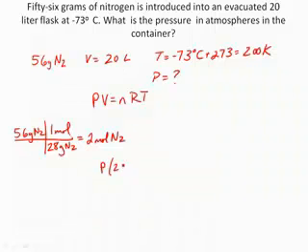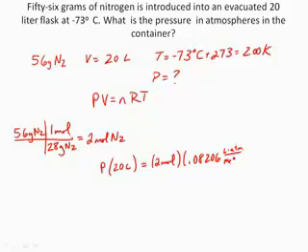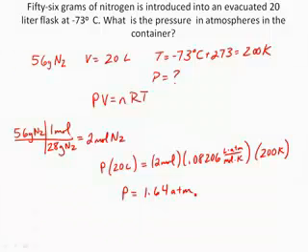Pressure times 20 liters is 2 moles times 0.08206, in liter atmospheres per mole Kelvin, times 200 K, which is our temperature. So that gives us a pressure equal to 2 times 0.08206 times 200 divided by 20. So I'm getting a pressure of 1.64 atmospheres. Okay?